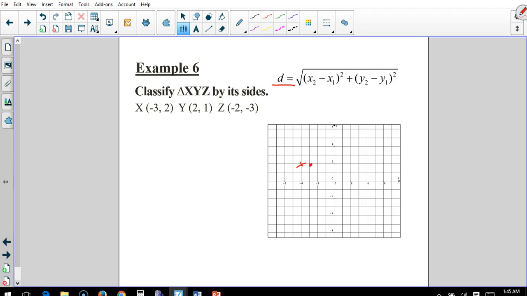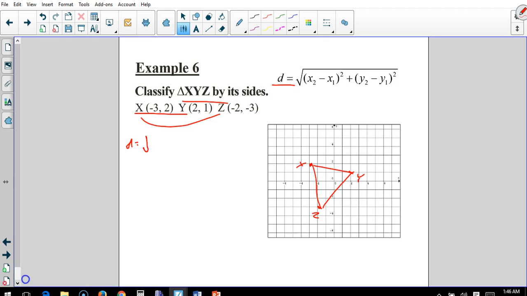And 2, comma 1 is y. And negative 2, negative 3 is z. Now we don't really have to draw. All we have to do is do the distance formula from x to y, from y to z, and from x to z. So we just have to do this formula 3 times. It's a very simple formula.